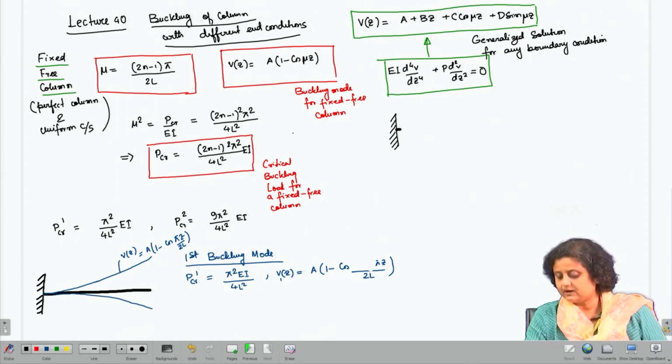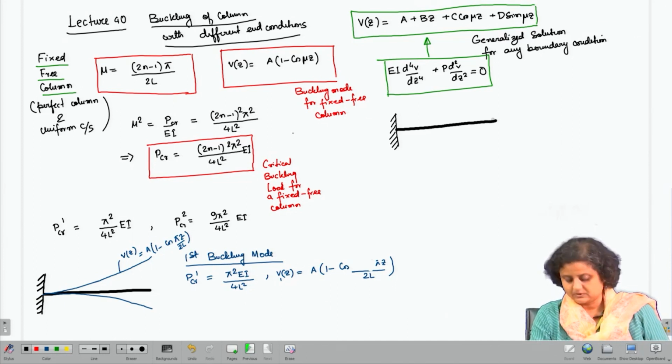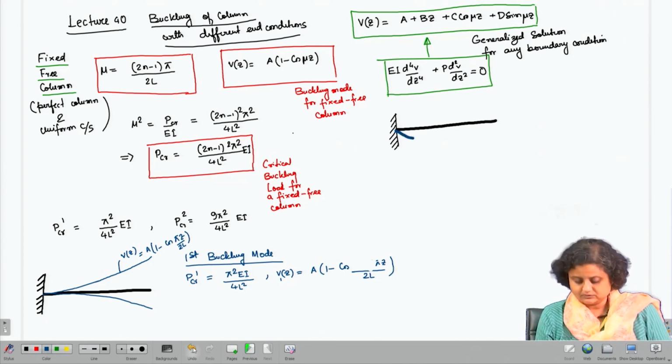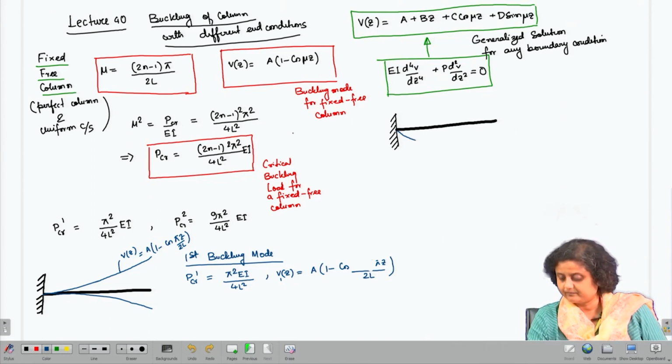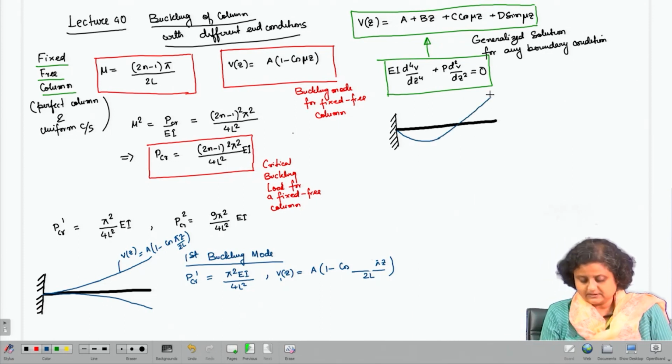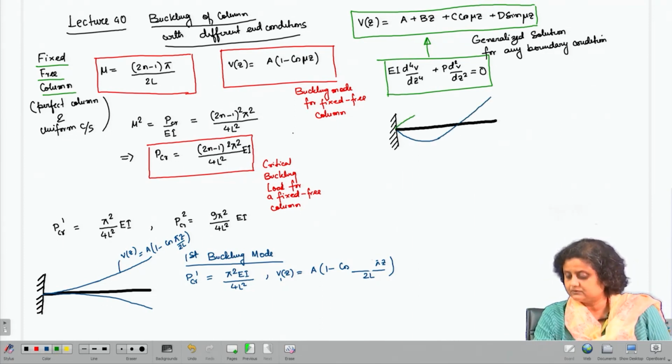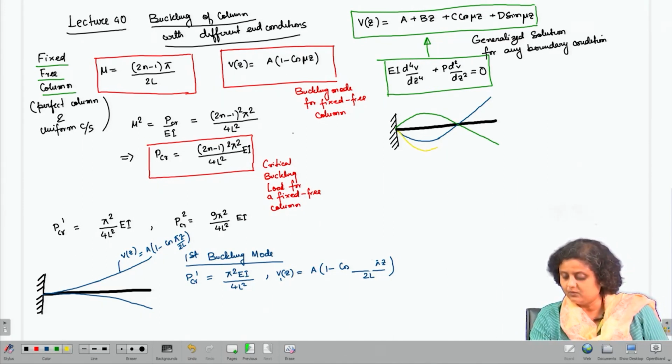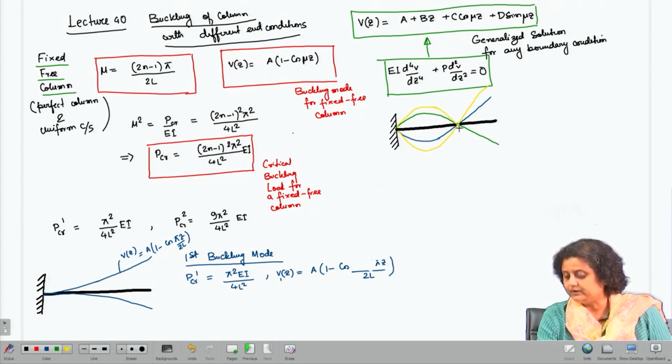If this is the undeformed column, the second buckling mode can be drawn in this form, either this or this or this, as we know that the actual deformation is non-unique, but the shape is unique.